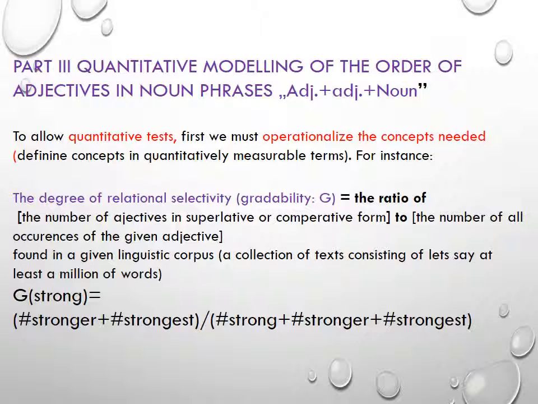So, for instance, the degree of gradability of the adjective strong would be expressed by the number of all the occurrences of the lexeme stronger plus the number of occurrences of the lexeme strongest in the corpus, and that divided by the sum of the number of the occurrences of the lexeme strong, stronger, and strongest taken together.